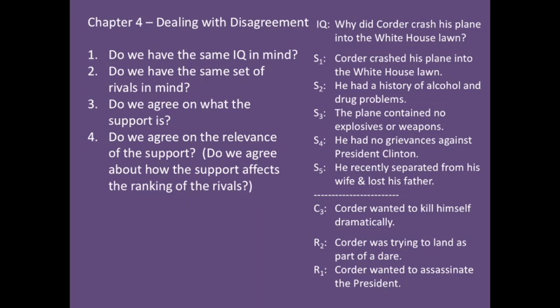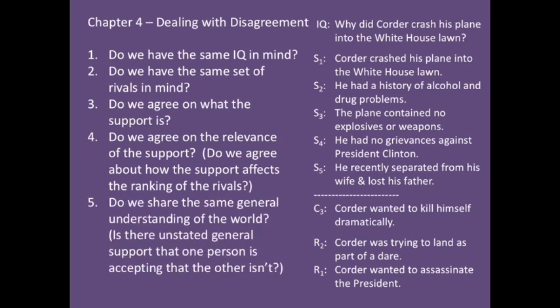So if our different backgrounds mean that we're viewing the situation differently, that might explain why we're disagreeing. Or if one person is bringing very specialized technical knowledge to a situation, that might explain why they view an argument differently than a non-specialist. These are all useful strategies for dealing with disagreement and trying to move people toward resolution. And they rely on the different tools and skills that we've developed over the course of this chapter.